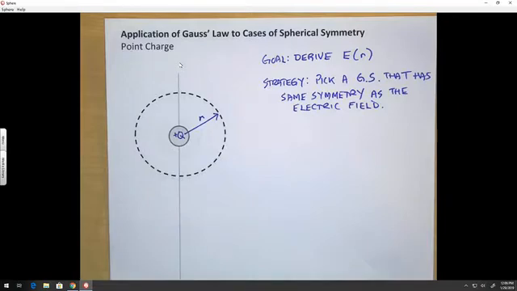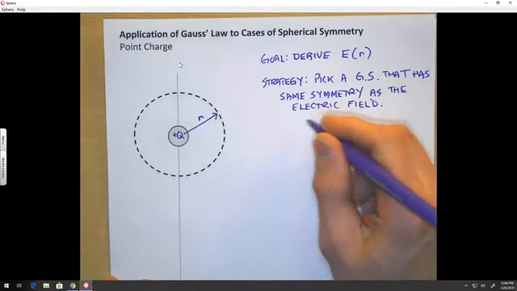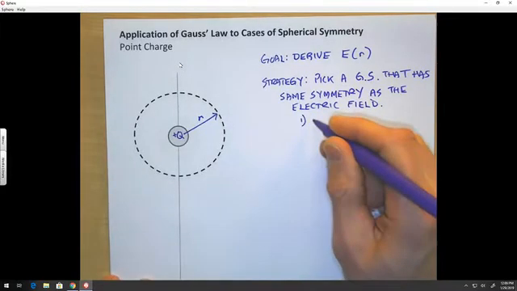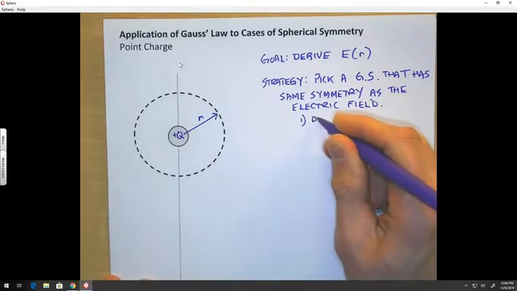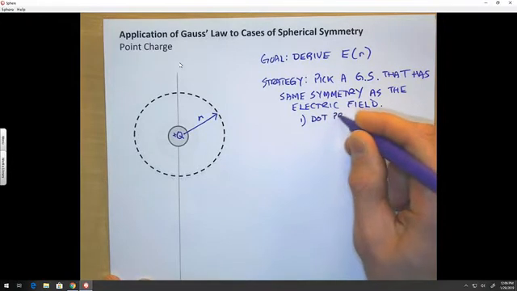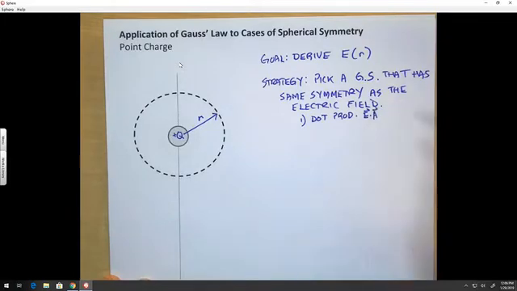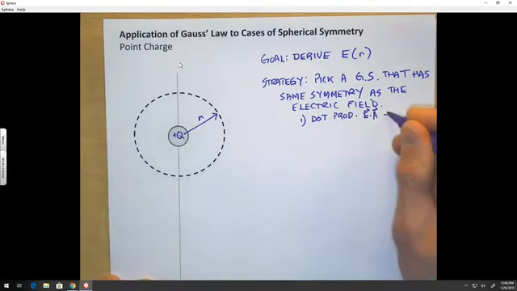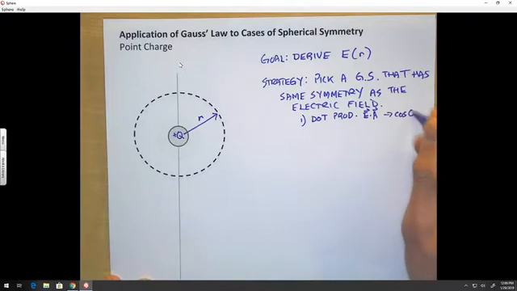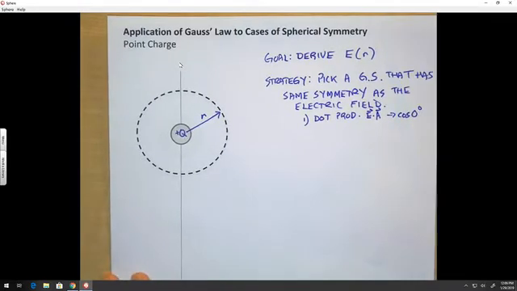And if we can do that, we're going to get two benefits from it. The benefits are, one, the dot product of E dot A is always going to give us the cosine of 0 degrees, which is nice because the cosine of 0 is 1.